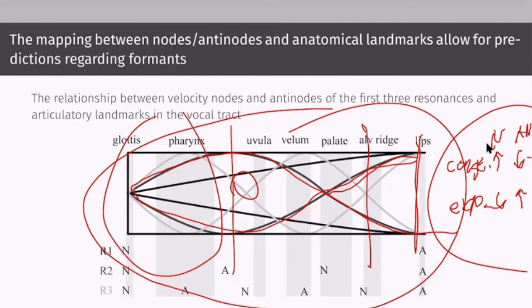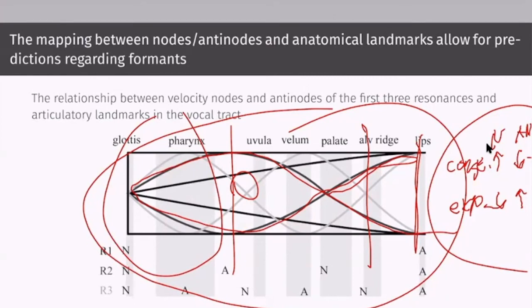So you want to do another example exercise? Want to do another one? Okay. Let's say I look at a spectrogram, going along, minding my own business, and I suddenly see F2 shooting up and F3 dropping.